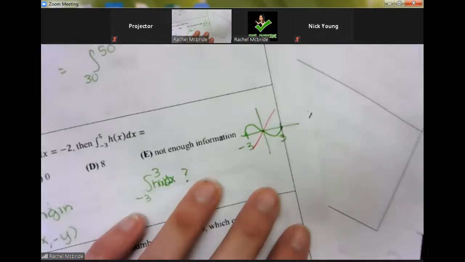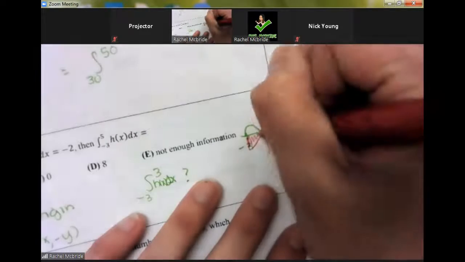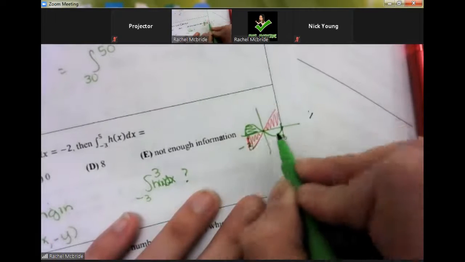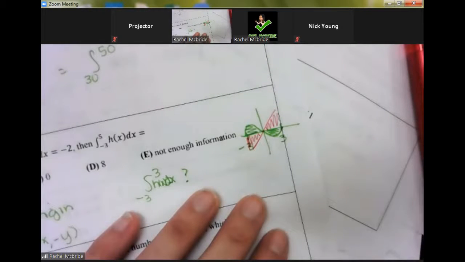That function is symmetric about the origin. What do you know about the area above and the area below from negative 3 to 3 for each of those graphs? What would the area of any odd function be if it's symmetric about the origin?